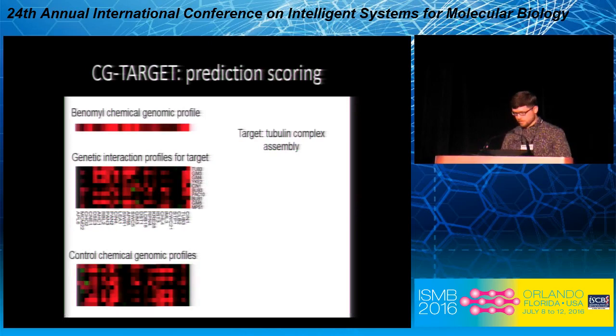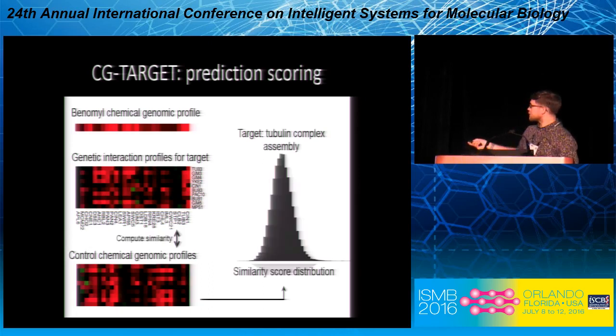Since there are many computational people here, I'd like to go into a little bit more detail about how this works. It's really important when we were developing this, because what we do first is take control chemical genetic interaction profiles, and we actually use three different versions of them. First are the experimental controls, so conditions where we just treat with the solvent and don't treat with the compound.